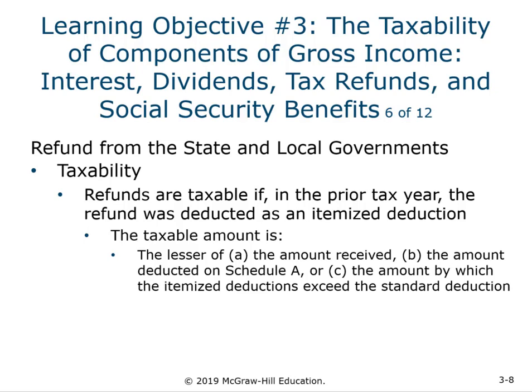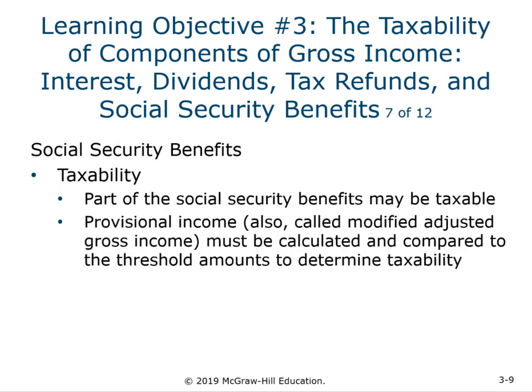So the only benefit you got was for the extra over the standard. So the most of a refund that would be taxable would be the $4,000 that you went over. Okay, so you always have to look at the previous year, what that standard deduction was, what our itemized deductions were compared to the standard, to know what your maximum amount you could have as income in the current year.